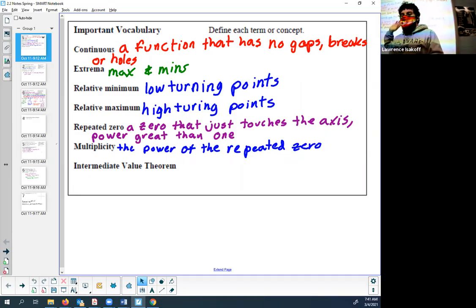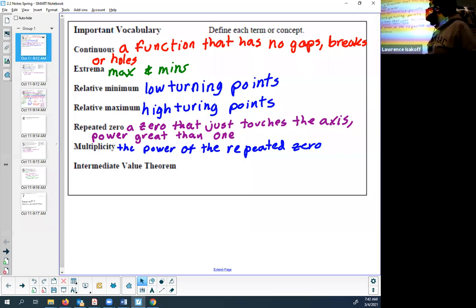When I talk about extrema, the easiest way to put that is just your maxes and your mins, your high points and your low points. When I use the word relative max or relative min, that means right at that point, it's like a little low turning point or high turning point.